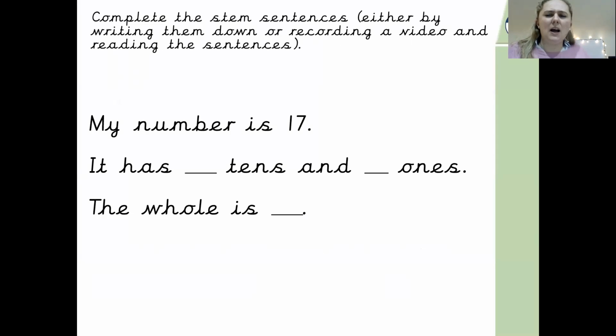So it says, my number is 17. It has how many tens and it has how many ones? The whole is blank. Okay, I'd like you to either write that down or tell me in a video and add it to Tapestry as well. Okay, pause me again and copy it nice and neatly.